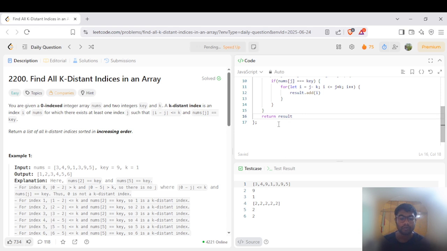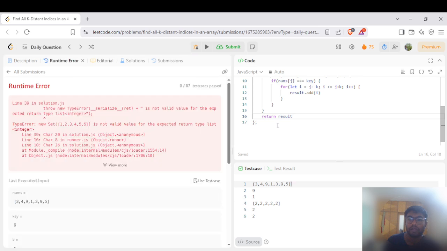Okay, this should solve this problem. Let us see the time complexity of this solution.